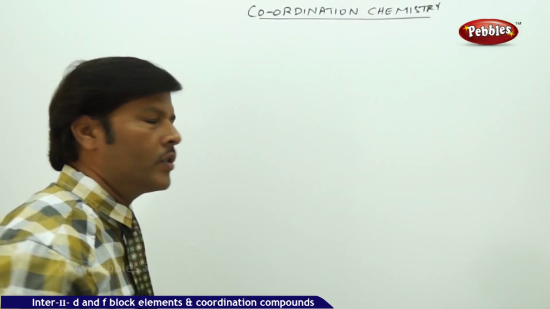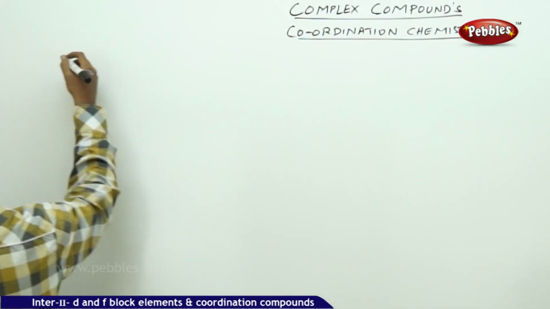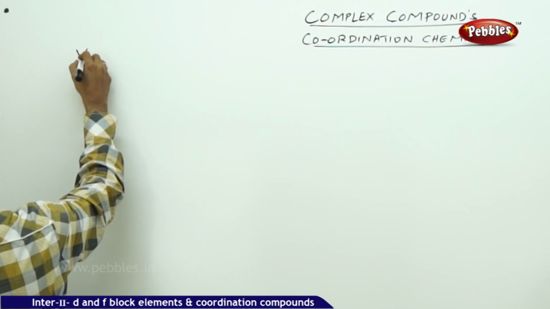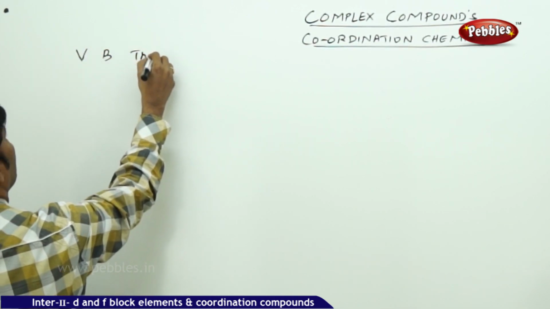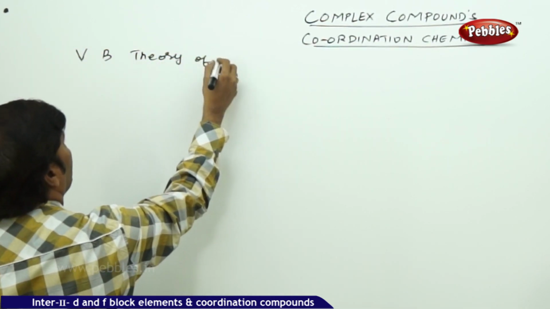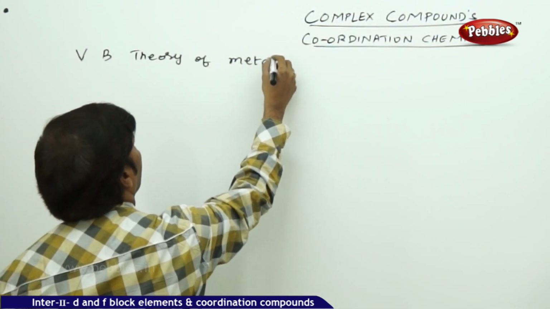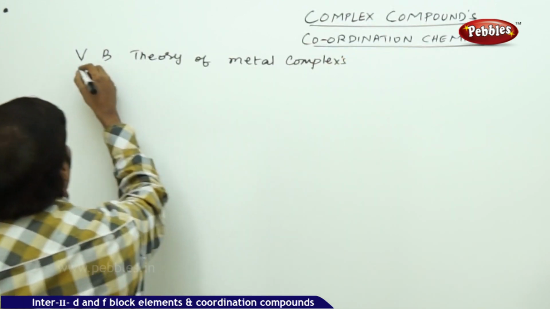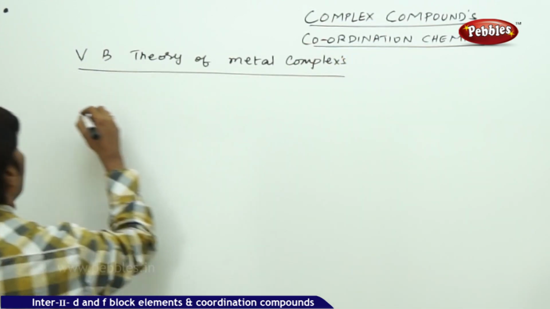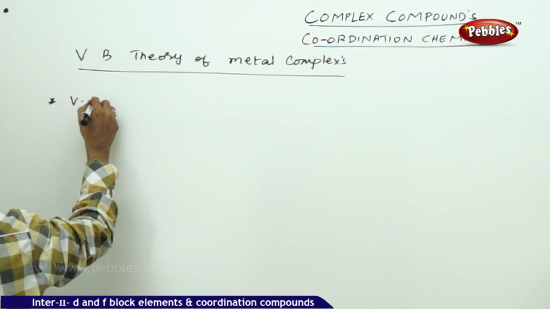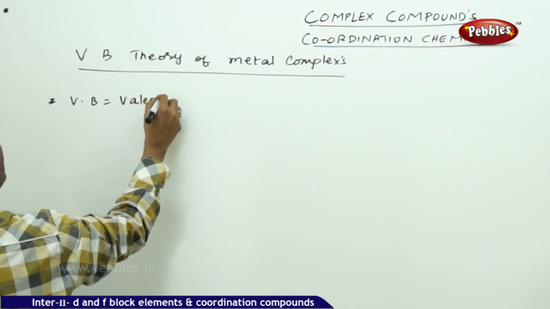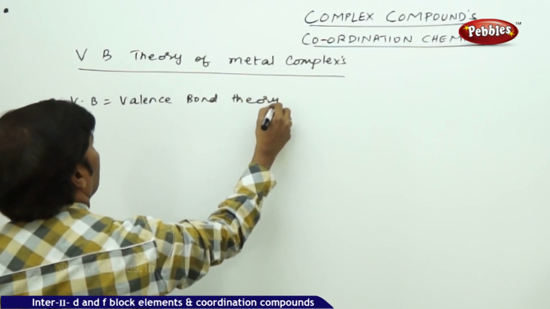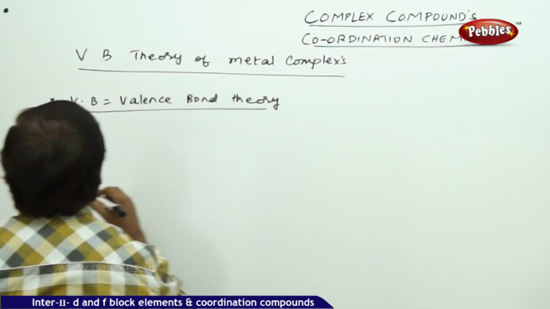The next part of the discussion here is VB theory of metal complexes. Here VB means valence bond theory.